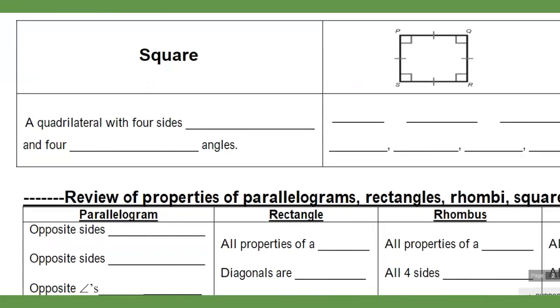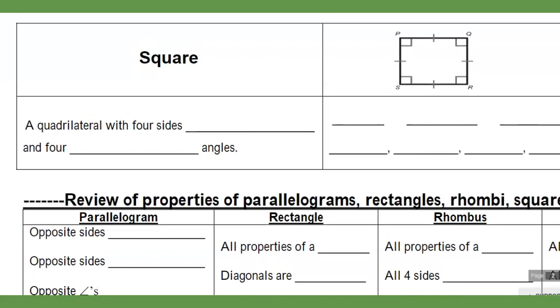Let's talk about square. Not too much to talk about because really it's just a combination of everything else we've done already.